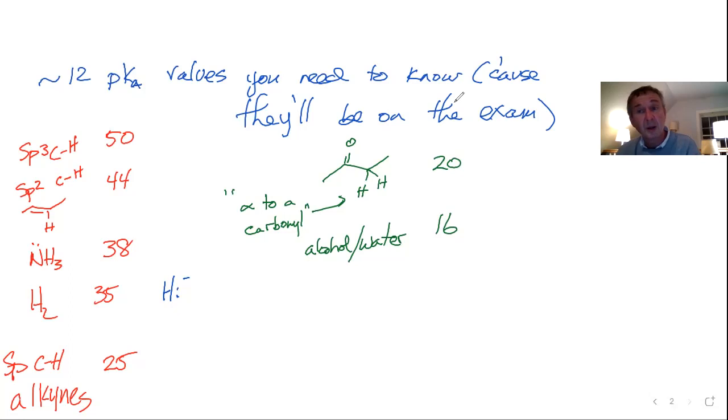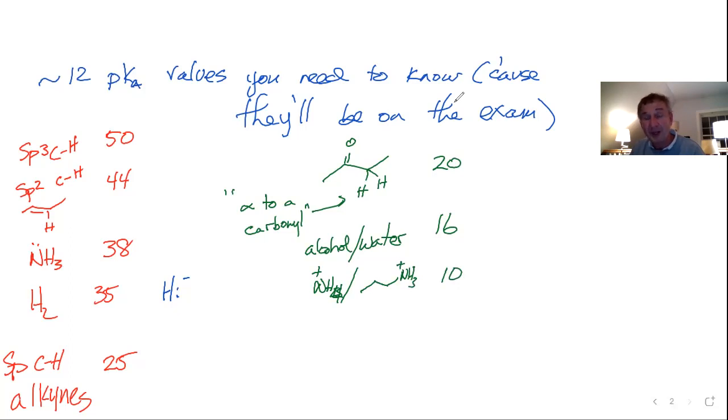So this is probably a bit surprising. If you have an amine or ammonia that's protonated, sorry, ammonium, it's got a value, remember that amino acid talk, of about 10 before it deprotonates.